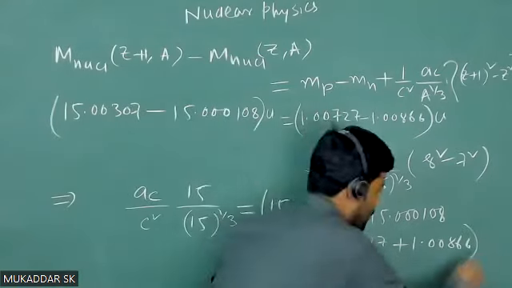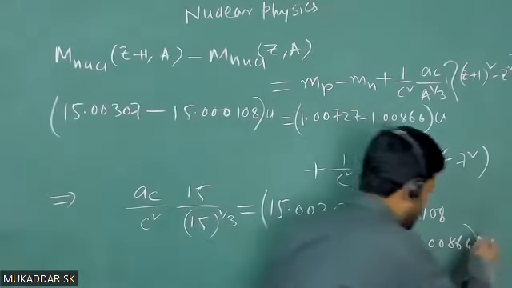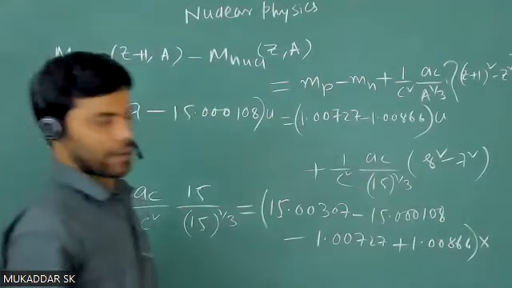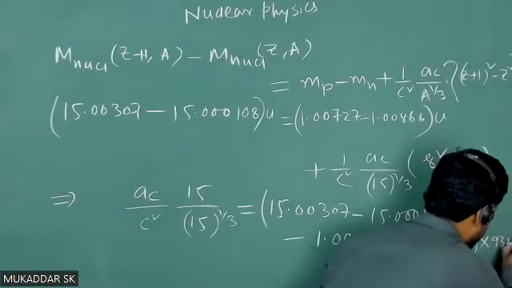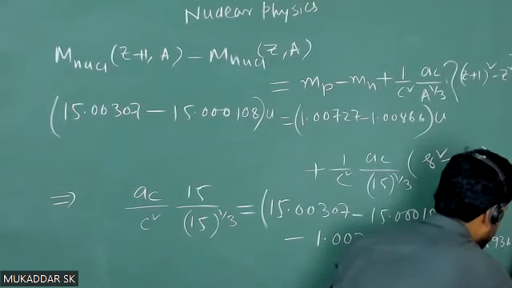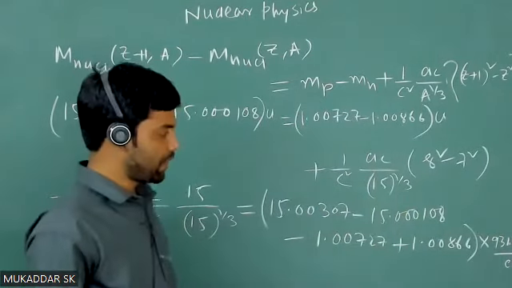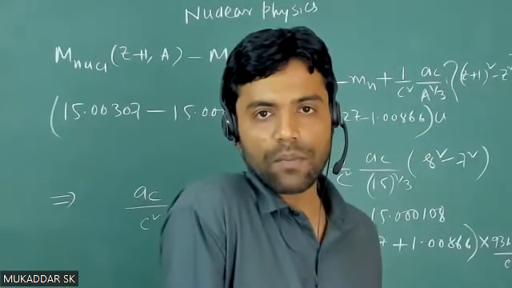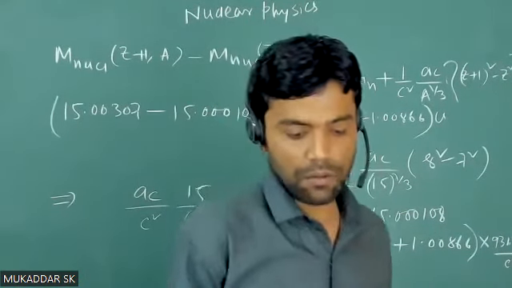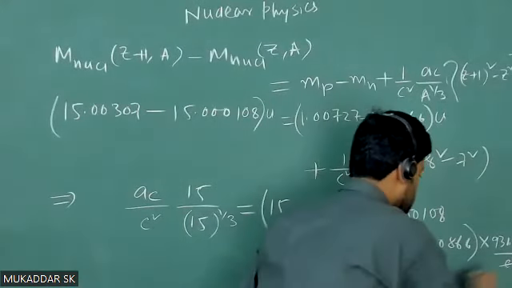Now, which unit has this come in? Atomic mass unit. So I will convert this into MeV per c square. You have to multiply by 931.5. Then that unit will be mega electron volt per c square. One atomic mass unit is nothing but 931.5 mega electron volt per c square. Now see, this c square will be cancelled.